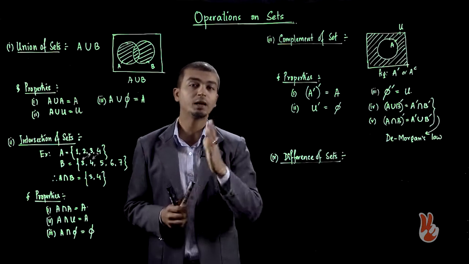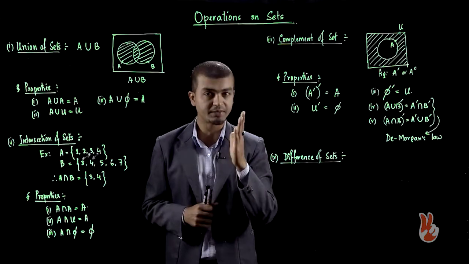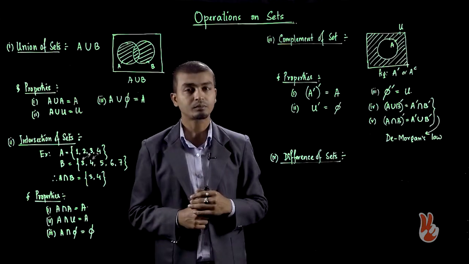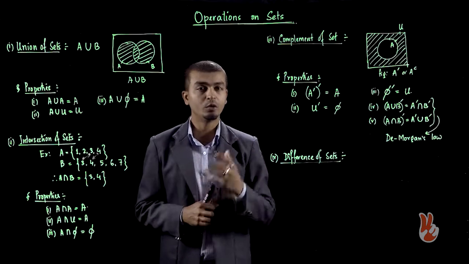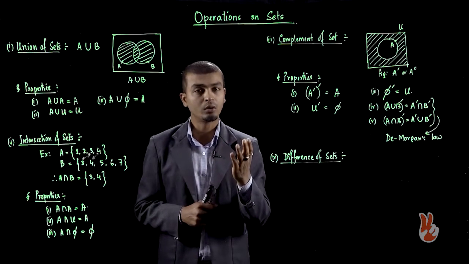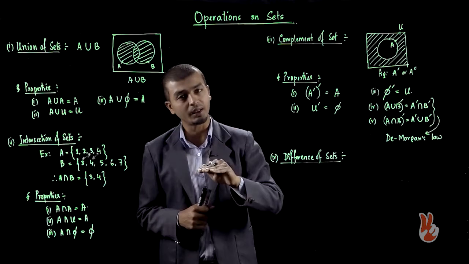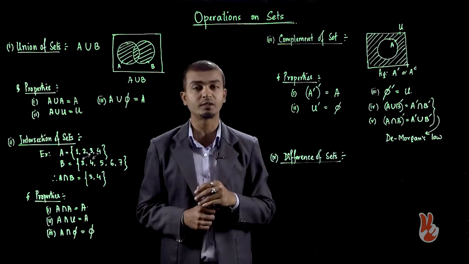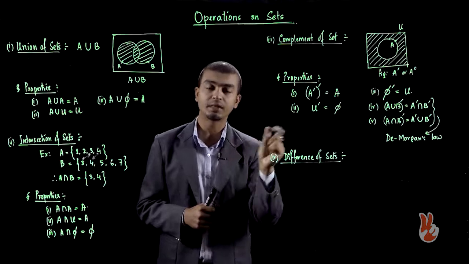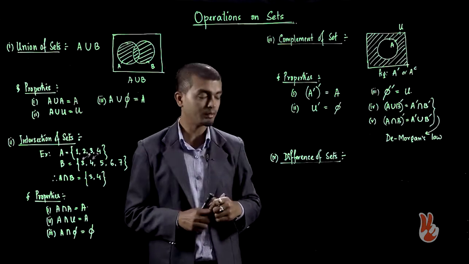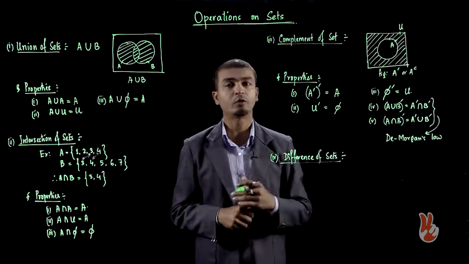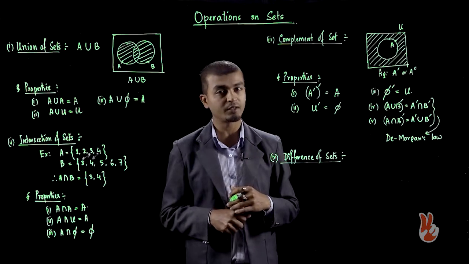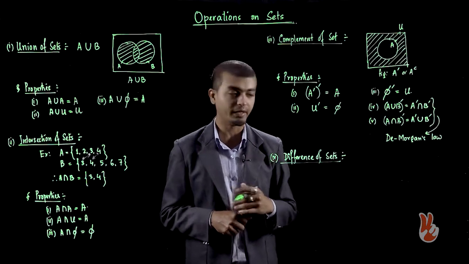If A and B are any two non-empty sets, then the set of elements which are contained only in A but not in B is said to be the difference of set A to the second set B. So again, for our clarification, let us analyze with the help of a Venn diagram.